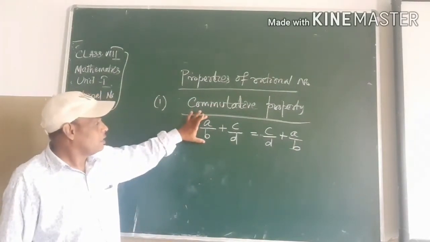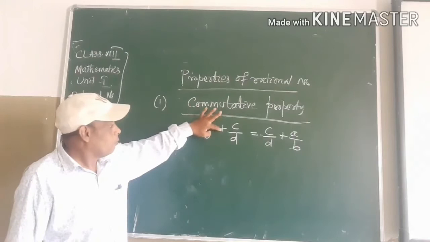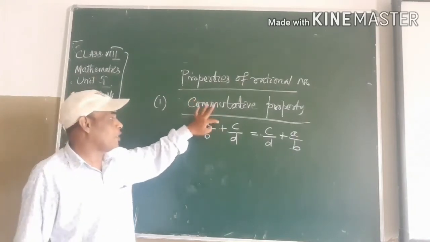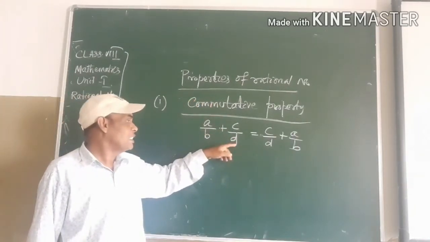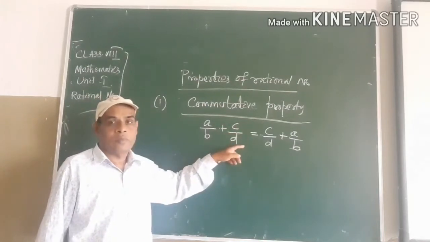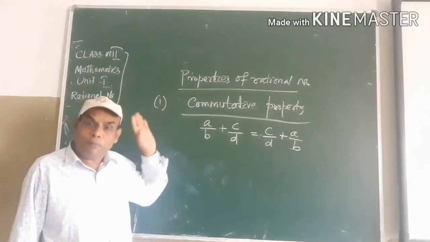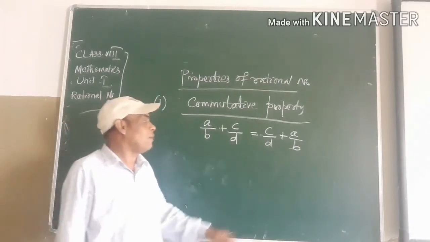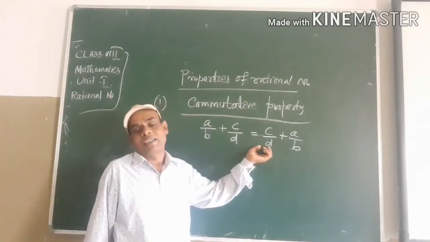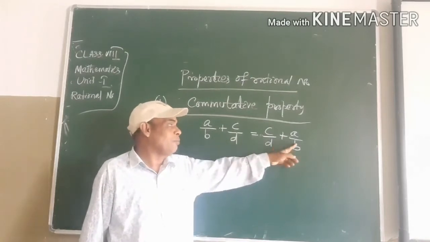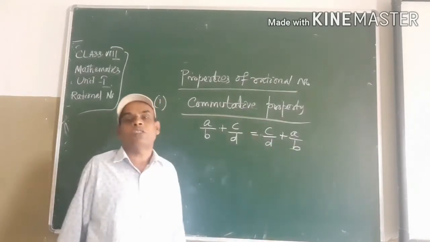It means here you notice first number is a by b, second number is c by d. Whatever the result we will get, if you add c by d and a by b, same result you will get.